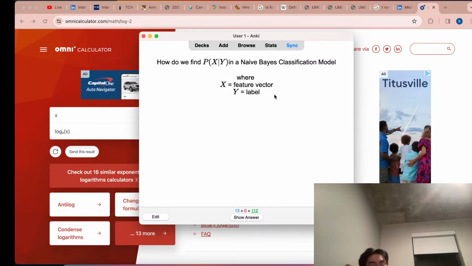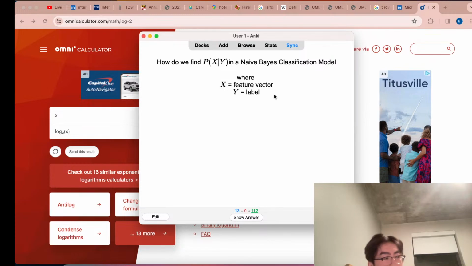So probability of x is equal to, let's say there's two different features, height and weight. Then we would have to do probability of x is equal to this height, let's say 5 feet 7, weight 140. So probability of x is equal to 140 pounds.